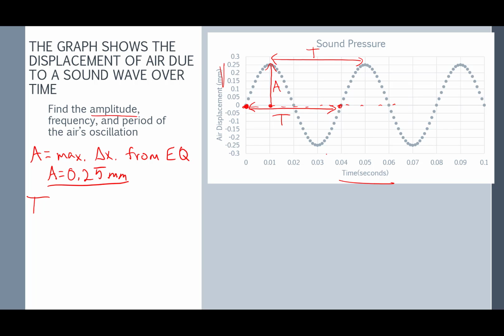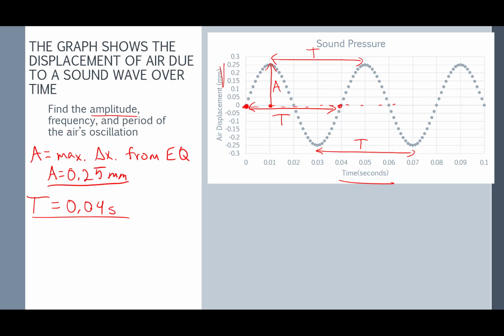That's also a period. Same thing down here to here. Any point on the cycle to the same exact point on the next cycle will give us the same period. So since this starts at 0 and ends at a nice clean spot right here, that's going to be my period. It goes from 0 to 0.04 seconds, which means my period is just 0.04 seconds.